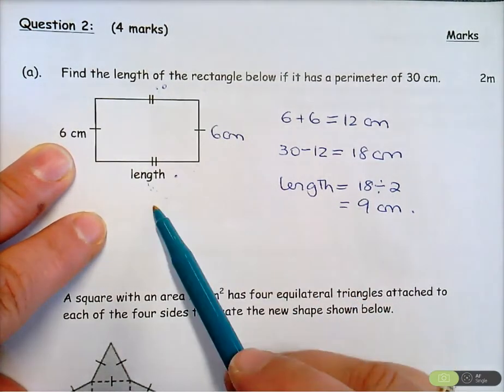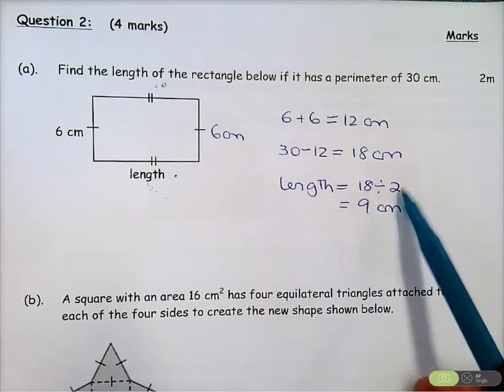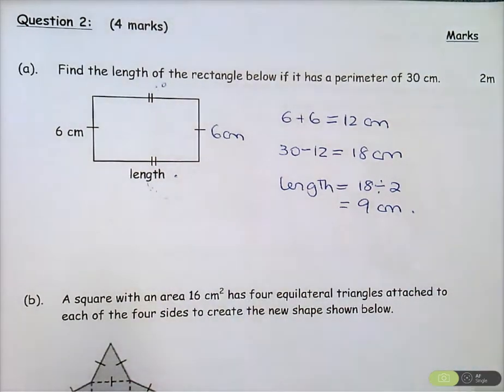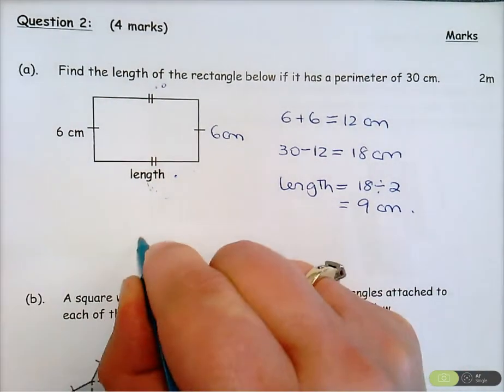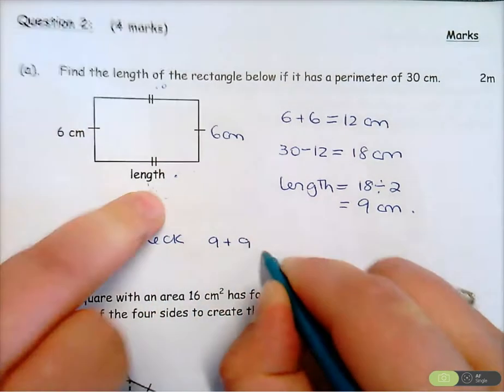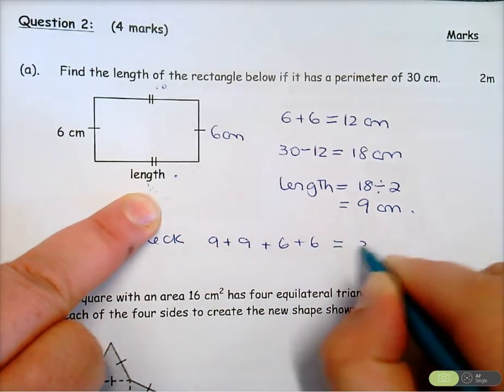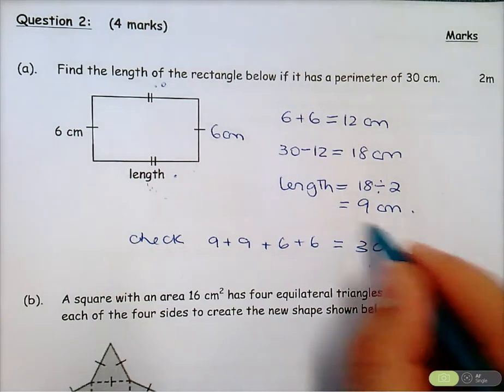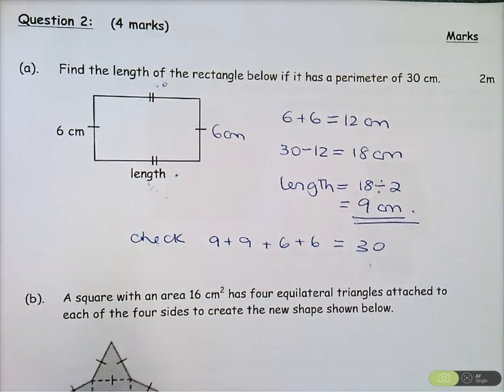Now, they're both the same length. So we do 18 divided by 2 is 9. Or what plus what gives 18? 9 plus 9 gives 18. Let's just check it. 9 plus 9 plus 6 plus 6. Yes, that is 30, because that's 18 and 12 gives me 30. So your answer is 9 centimetres.